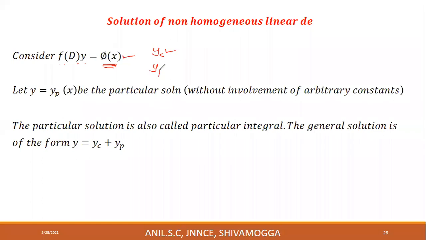It is called particular integral, denoted by yp or PI. This is another solution. Complementary solution is the solution with the involvement of arbitrary constants c1, c2, c3, etc. But this particular integral is a solution without the involvement of arbitrary constants.